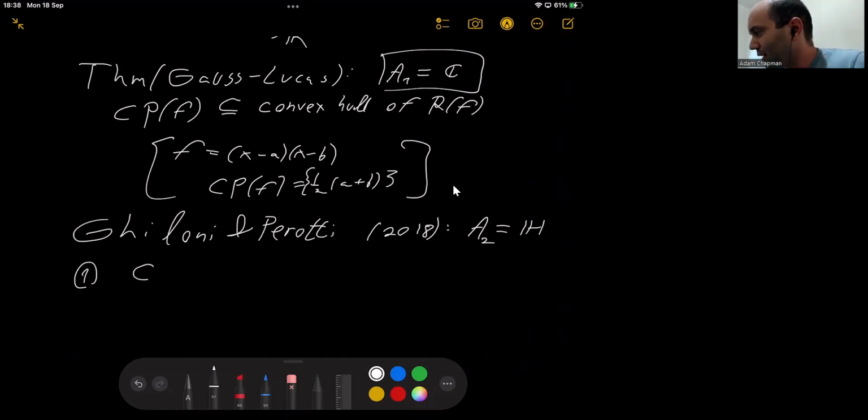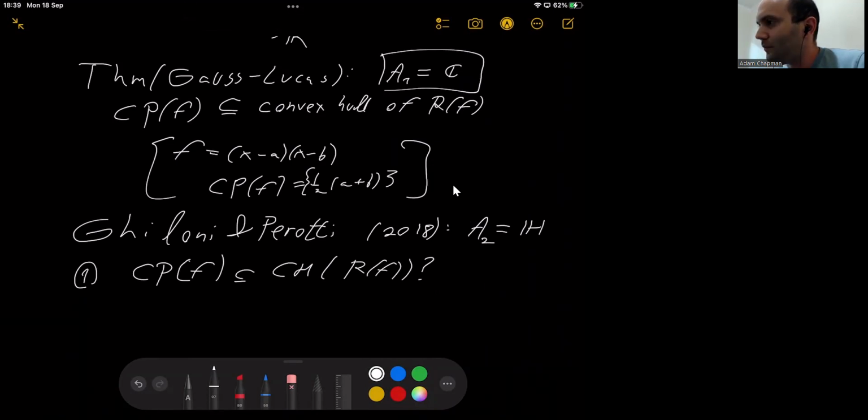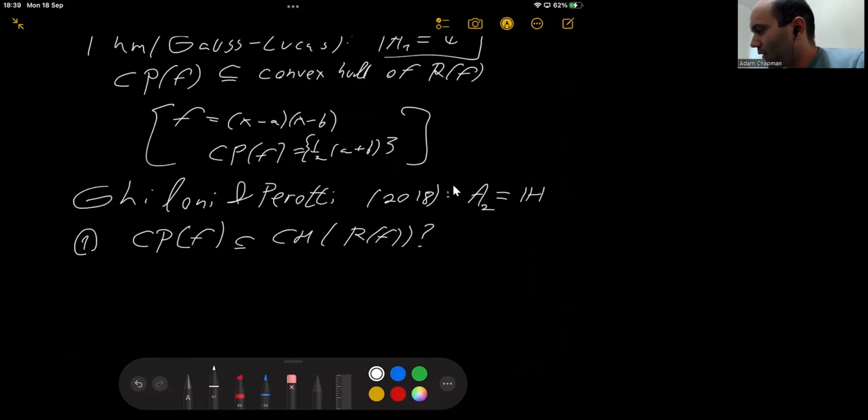Is it true that the critical points of a quaternion polynomial are contained in the convex hull of the roots of the polynomial? So here, the answer is no. The answer is no, and they have a very nice, easy example. So you just take x minus i times x minus j.